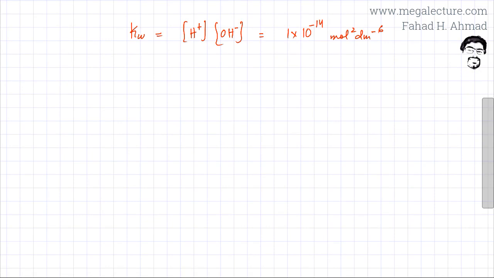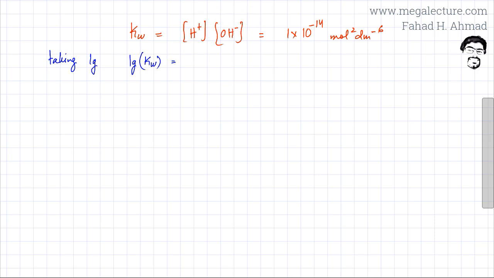Now the next thing that I'm going to do is take the log of the expression for Kw. The value is 1 x 10^-14 under standard conditions. I'm going to take the log of Kw on both sides, and this is base 10 log. So my expression will become log Kw equal to the log of the concentration of H+ times the concentration of OH-.